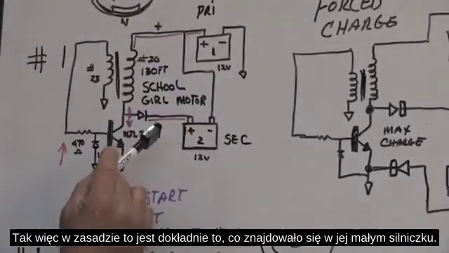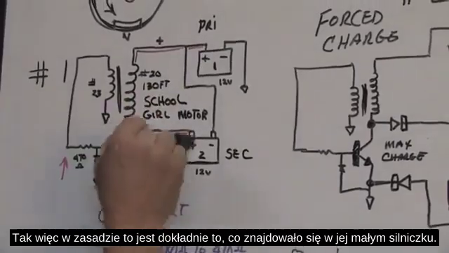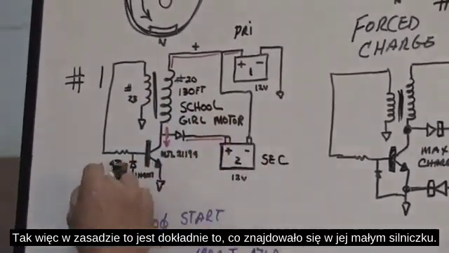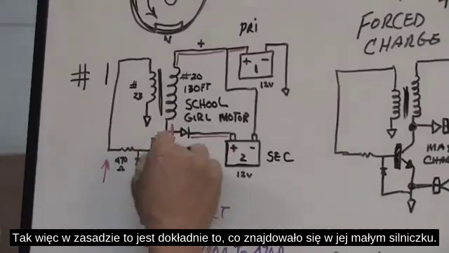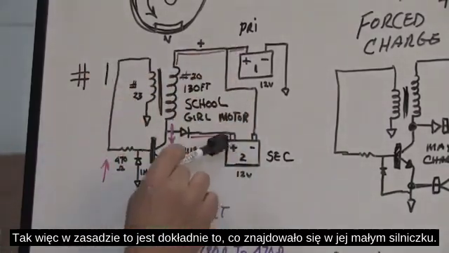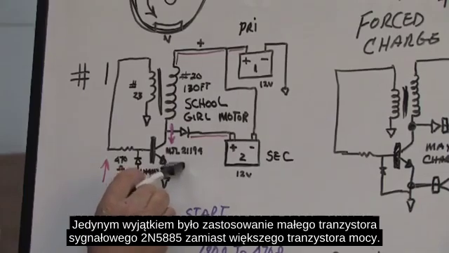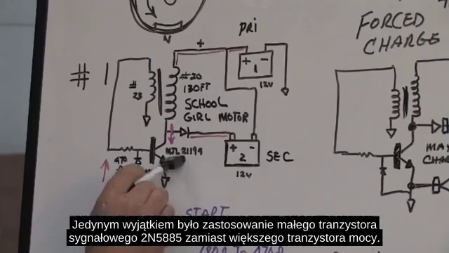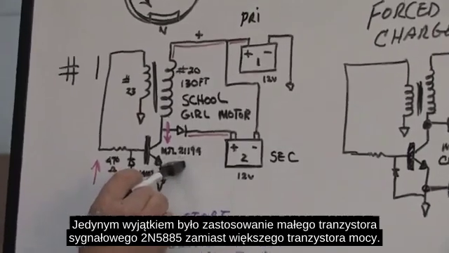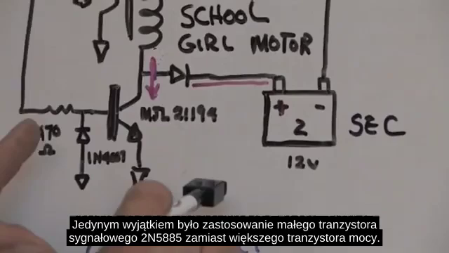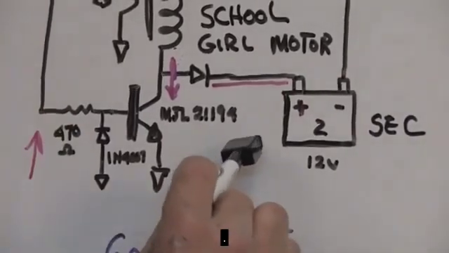So this is exactly what all the circuitry was in her little motor. The only exception being that she used a small signal device transistor, a 2N5885, instead of the bigger power transistor.